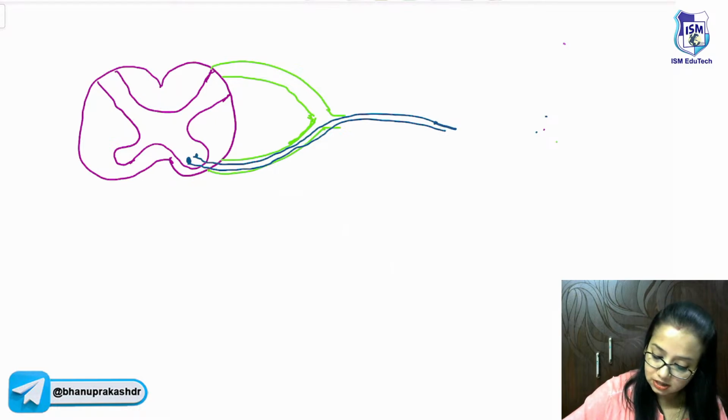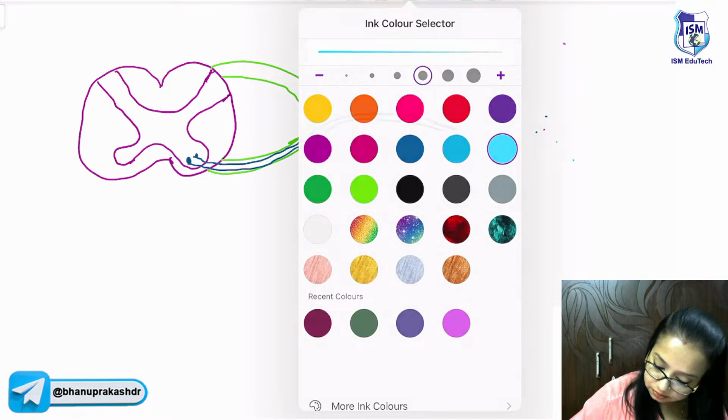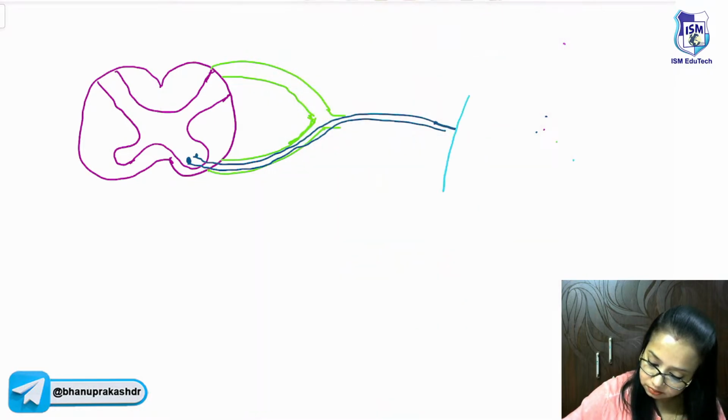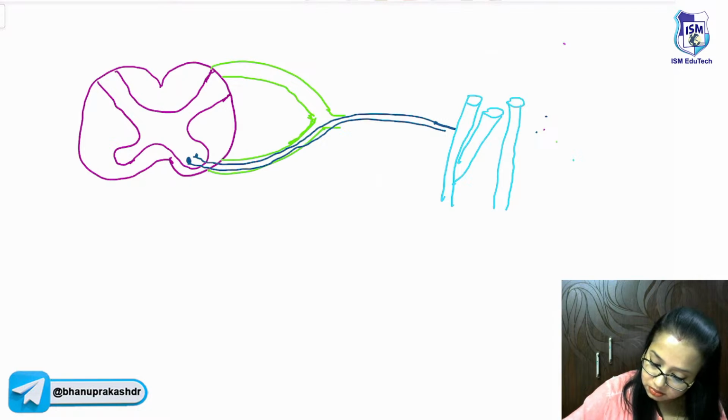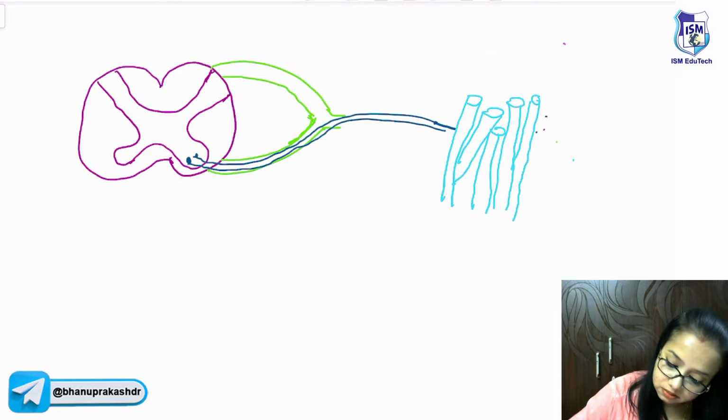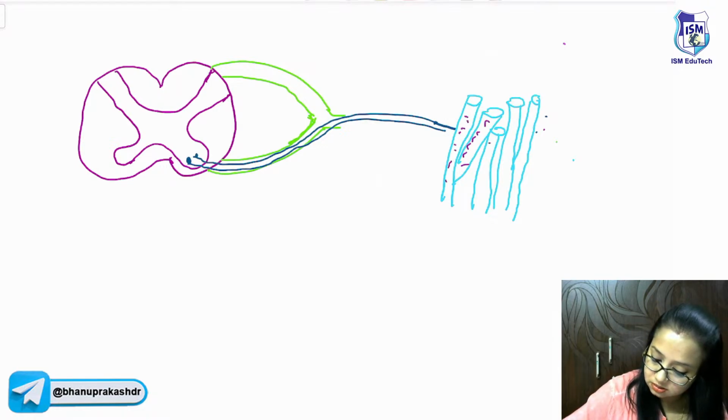And these are innervating like the skeletal muscle fiber. Various skeletal muscle fiber. Like this.